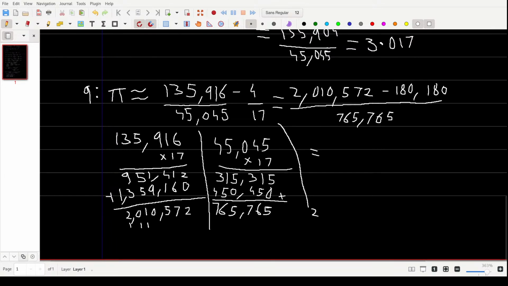Okay, so 2010572 minus 180. That's going to be 2. 7 minus 8.